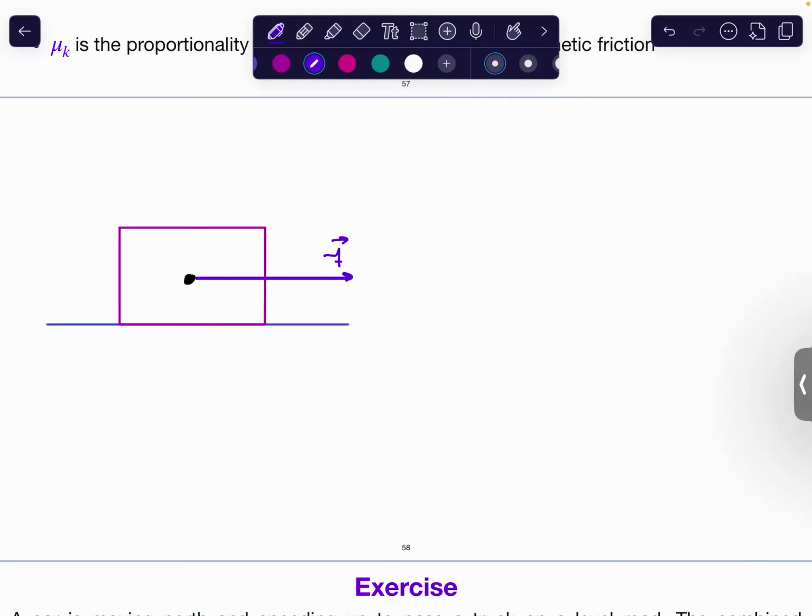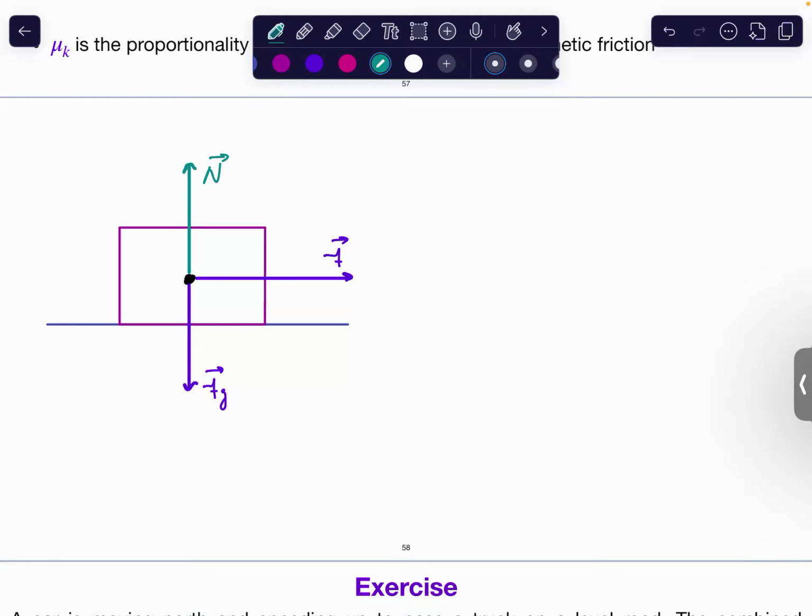Now we know we have a gravitational force, and then the reactionary normal force. But however, this system is not moving. There's no velocity. So the applied force is trying to move the object to the right.